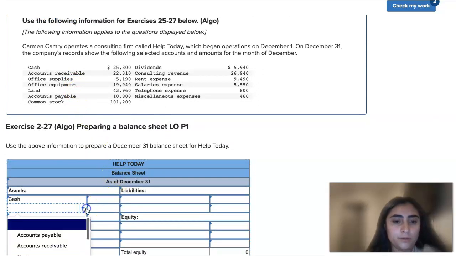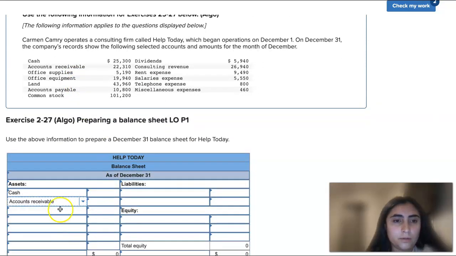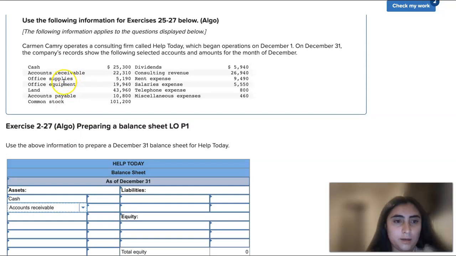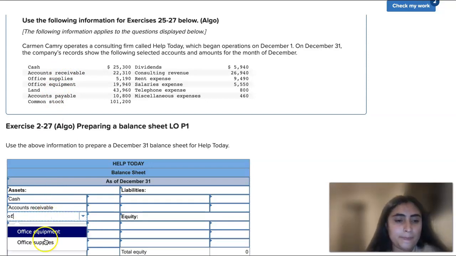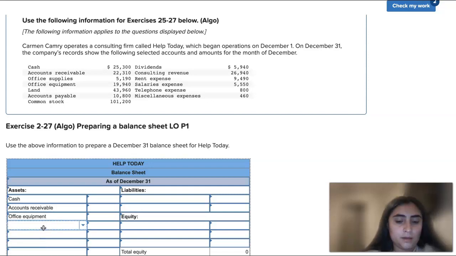We have accounts receivable, and then office supplies and office equipment and land. It's pretty much in order: office equipment, office supplies, and then land.